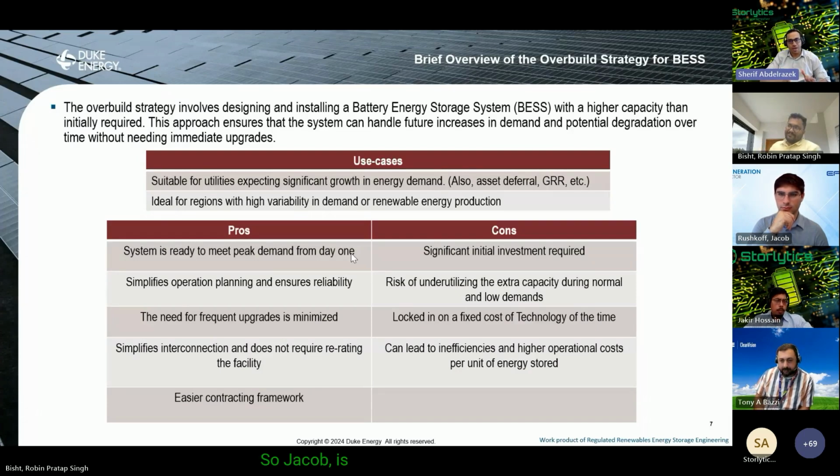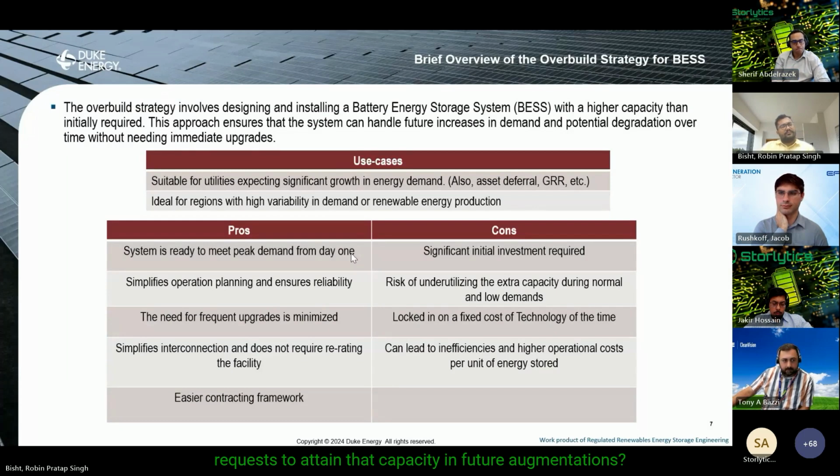So Jacob, is that the case, and Tony as well, is that the case for DTE Energy? Do you already have that interconnection capacity reserved and growing into it, or are you planning to submit additional interconnection requests to attain that capacity in future augmentations?